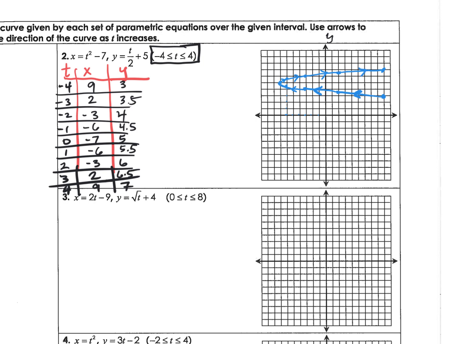We don't go past it. Just put it in and then double check your graph on your graphing calculator by setting up your window to match your parameters. Now you know why things are called parameters, don't you? It's the window in which you're looking at it. Those are your parameters.